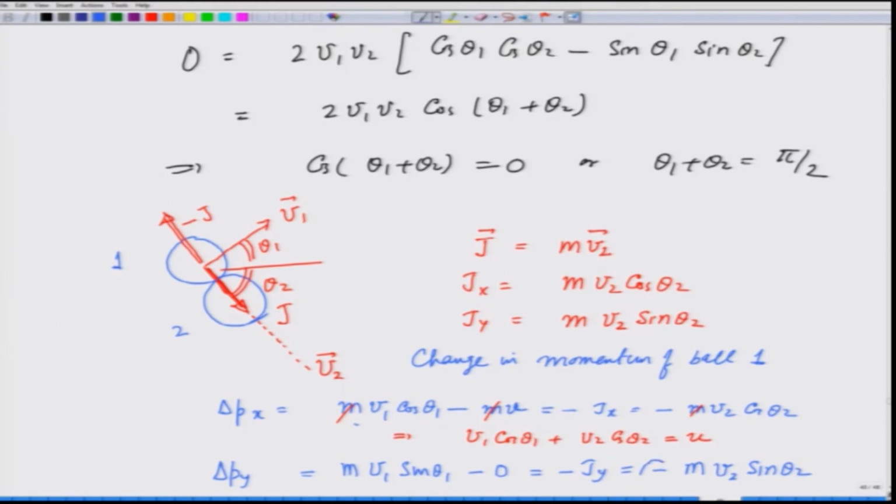This sign problem is coming because again I am taking V1 and V2 to be in the same direction, but that is not a problem. So, what you see here is that this equation of momentum conservation actually comes from Newton's third law, where J are acting in equal and opposite way on the two balls.